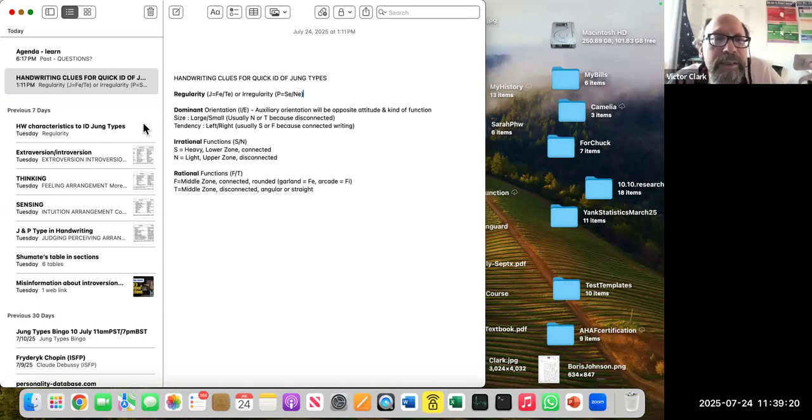But then the next part, the dominant orientation. Is it extroverted or introverted? This refers to what the overall personality appears to be. Does it appear more extroverted or more introverted?